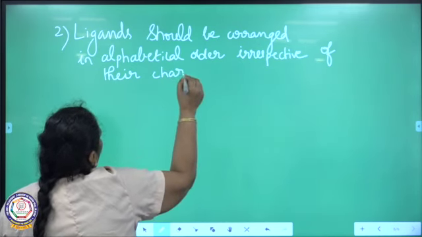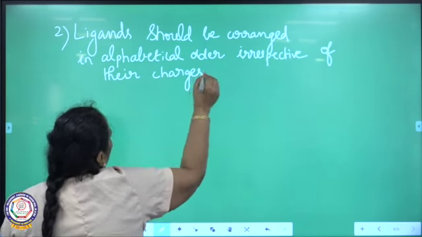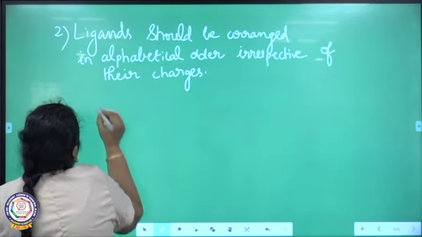I am going to write a complex now so that you can easily understand this rule.